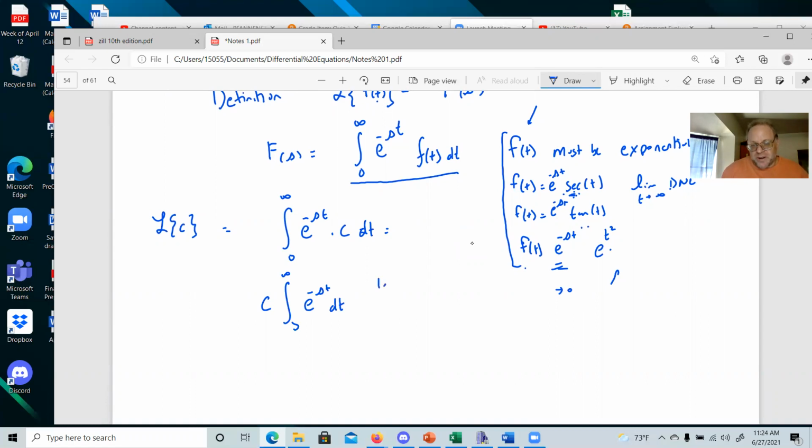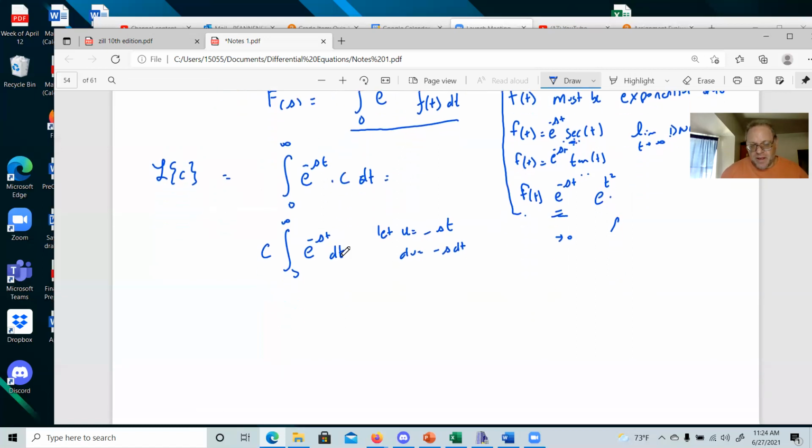What we can do is let u equal negative st, so du equals negative s dt. If I'm going to put a 0 to b, we have c times the limit as b goes to infinity. You're not going to have to do this every time.